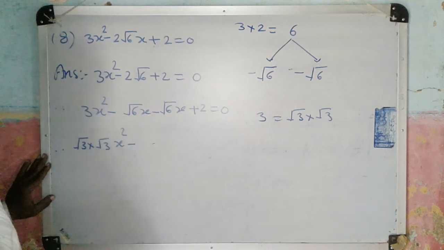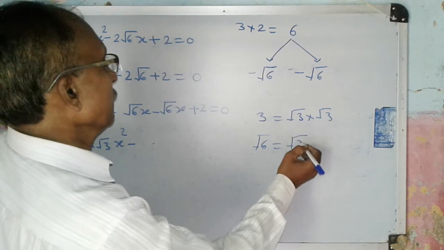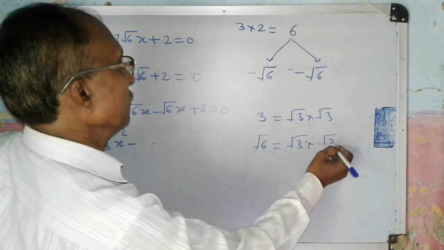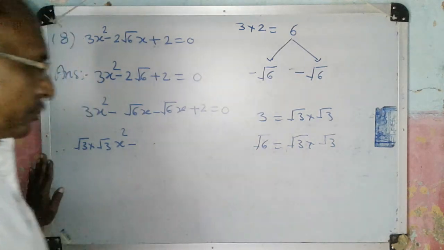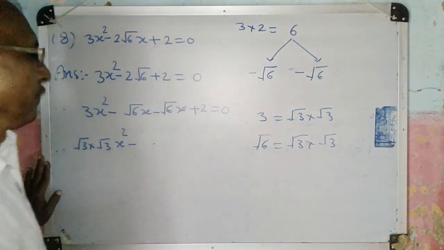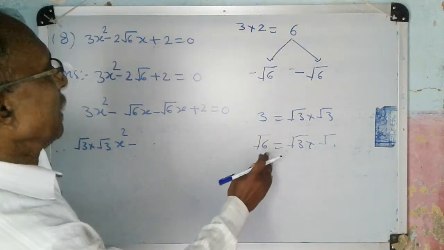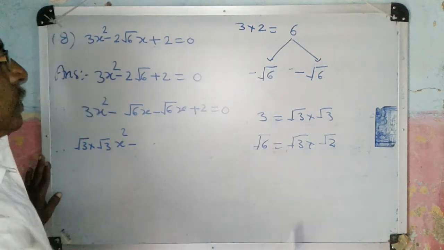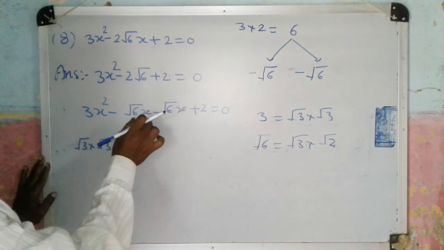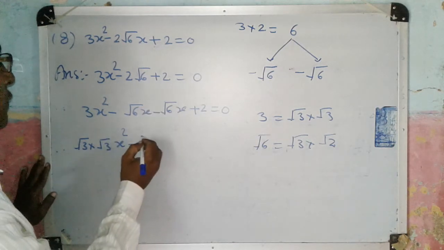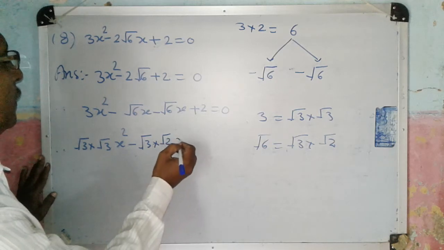Now factors of this root 6 can be written as root 3 multiplied by root 2, according to the law of surds. You have to use here the laws of surds. According to the law of surds, root 3 into root 2 becomes root 6. So we will write this into x.